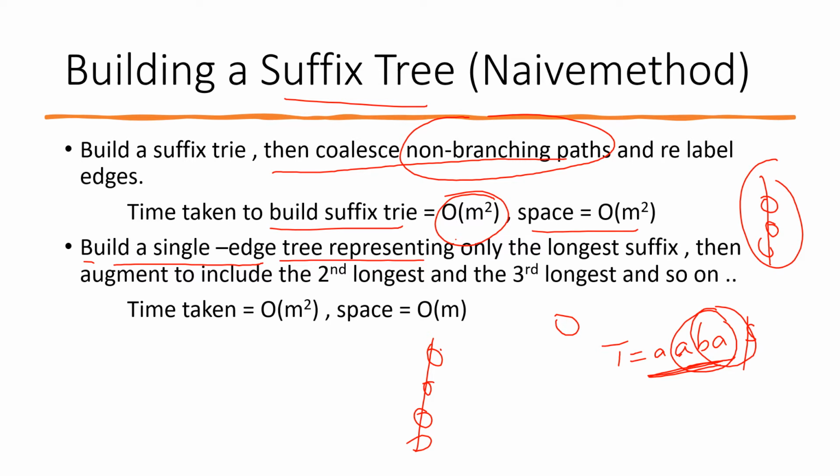Still the time taken for this will be O of m square, since we have to check at every node label. Since we can't repeat the labels for outgoing edges, we'll still need O of m square time to build this tree, but the space complexity can be reduced to O of m. But we need something better than that. We need an algorithm which can give us O of m space and time complexity.